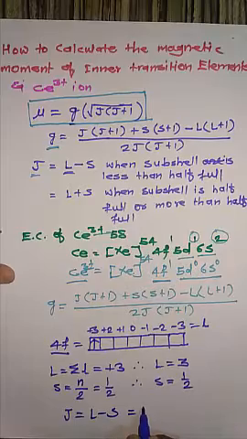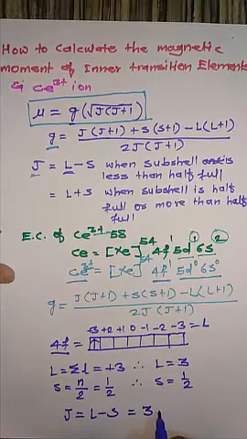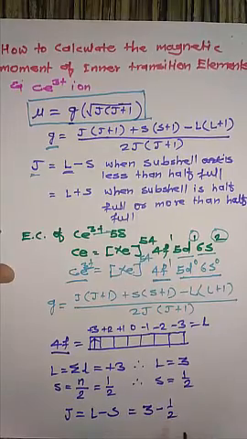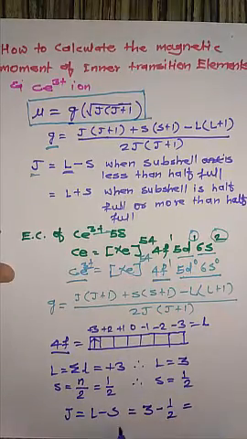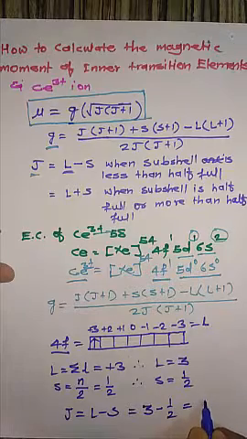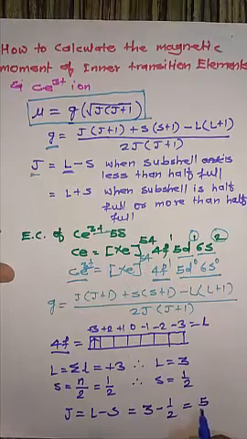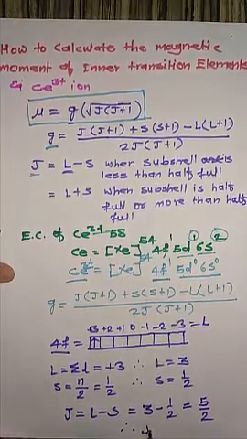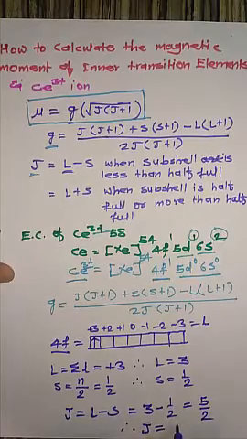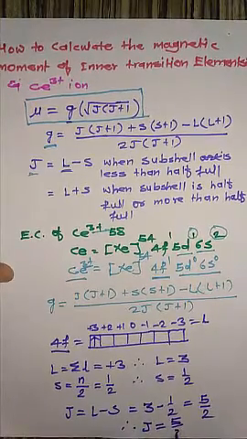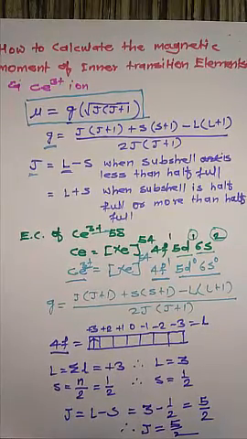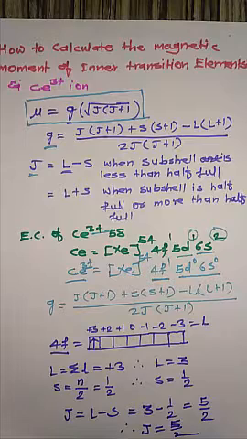It is 3. What is the value of S? That is minus 1 by 2. When we find its value, it becomes 5 by 2. Therefore we get the value of J, which is equal to 5 by 2.